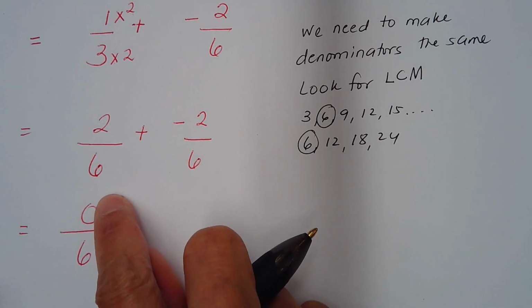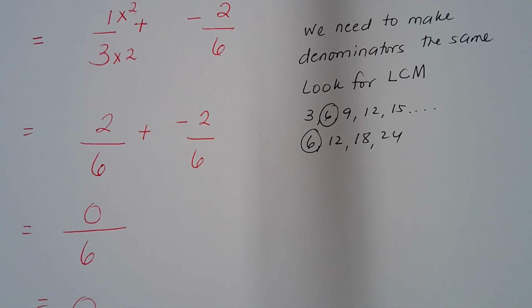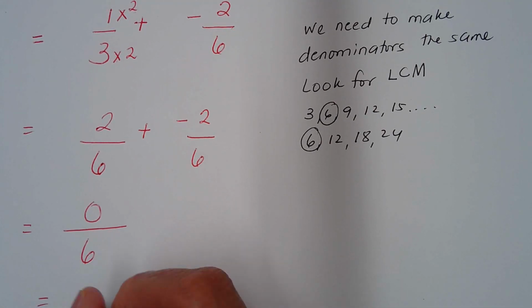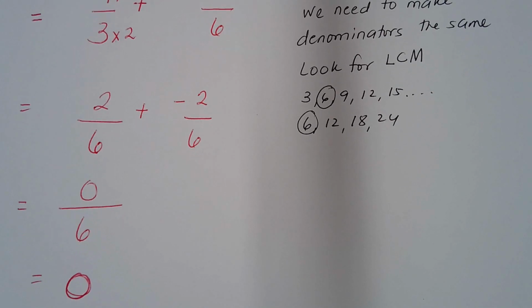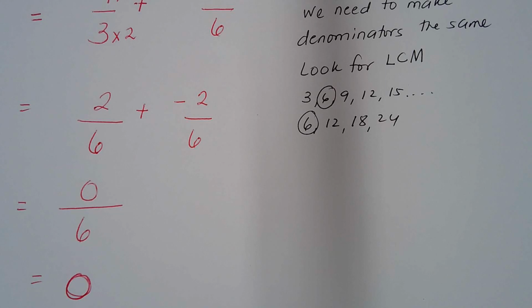So you have nothing out of the 6, which is 0. Good. Is that nice? Straightforward? Not so bad, right?